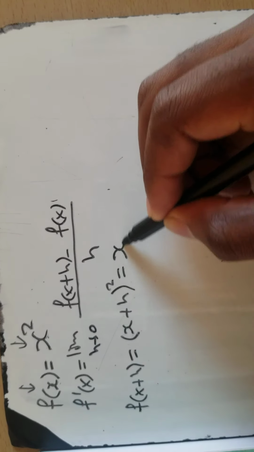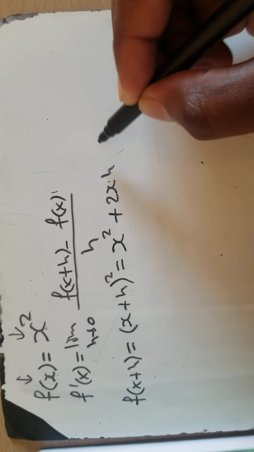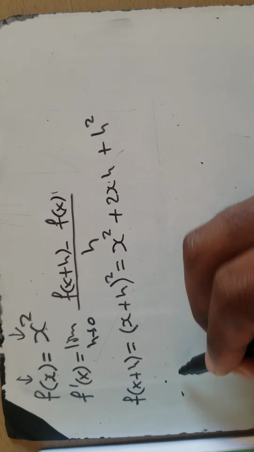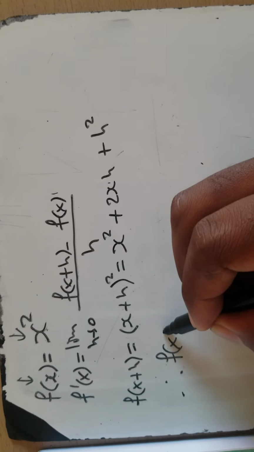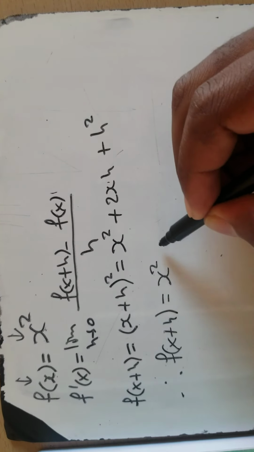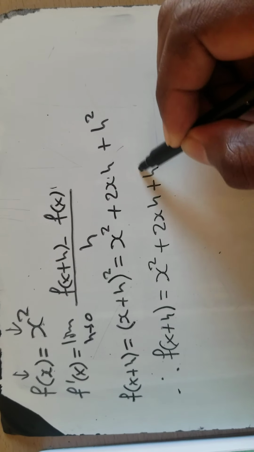Simplifying this, we will have x squared plus 2xh plus h squared. So our f of x plus h will be equal to x squared plus 2xh plus h squared.